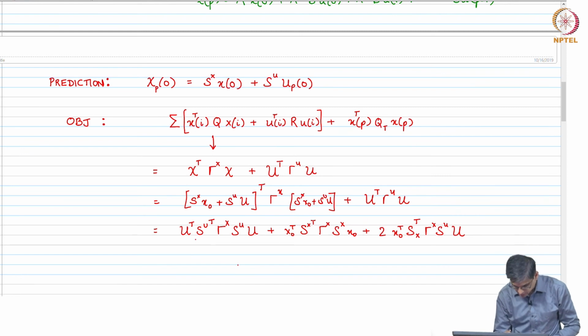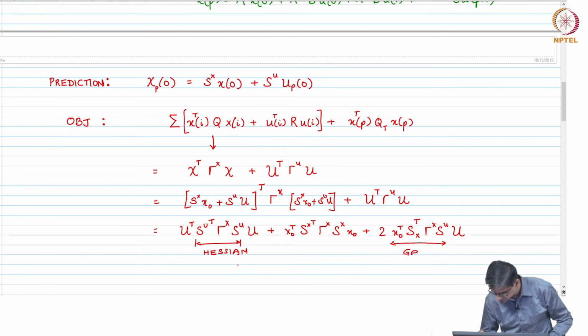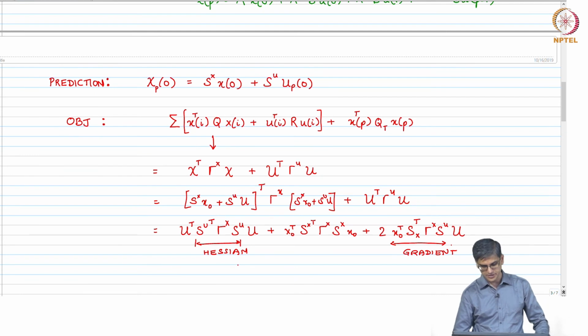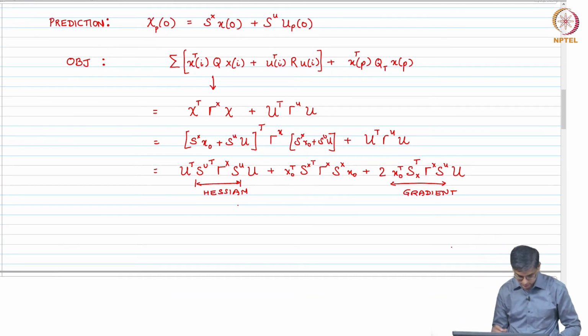Okay. This is our Hessian. This is our gradient.